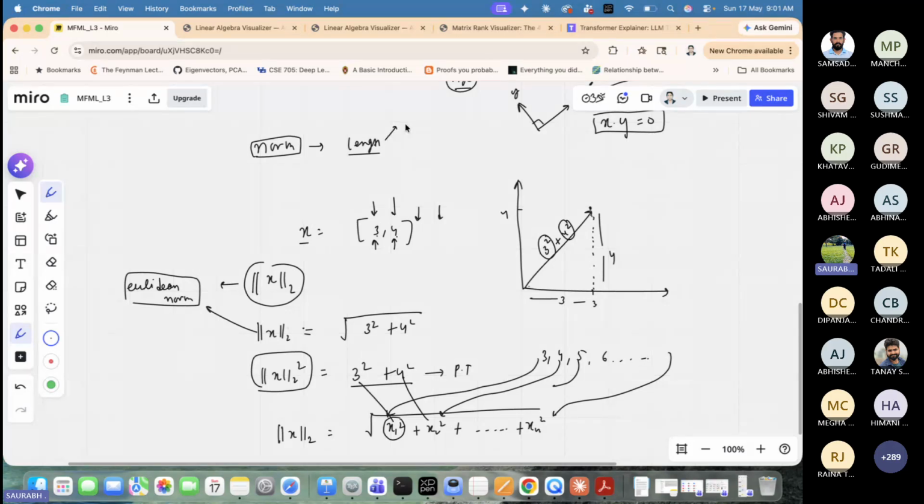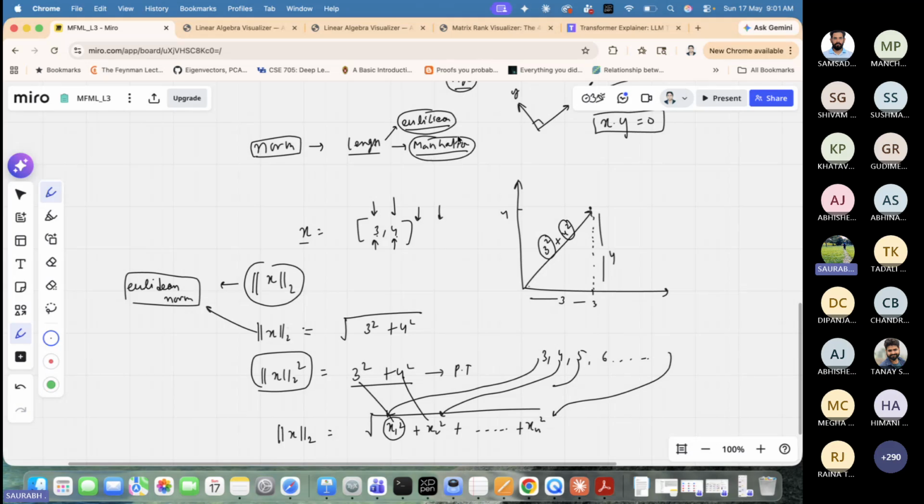There could be Euclidean length, Euclidean distance. There could be Manhattan distance, or Manhattan norm. There are various other types of norms that people have used, but we'll stick to these because these are the two that are used more often in machine learning than all others. So we'll stick to Euclidean norm or Euclidean length, and Manhattan norm or Manhattan length.